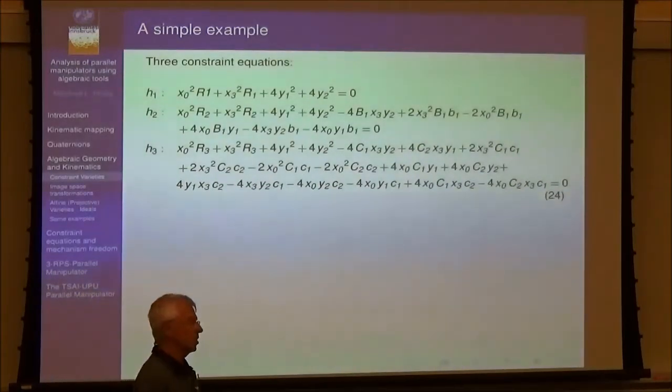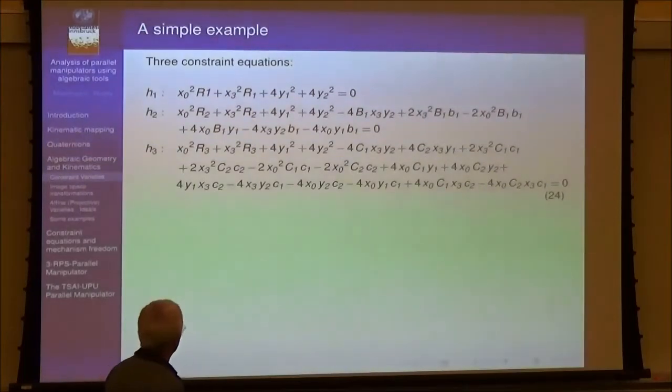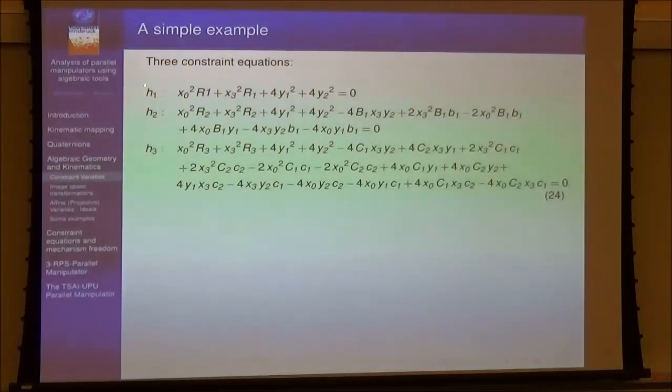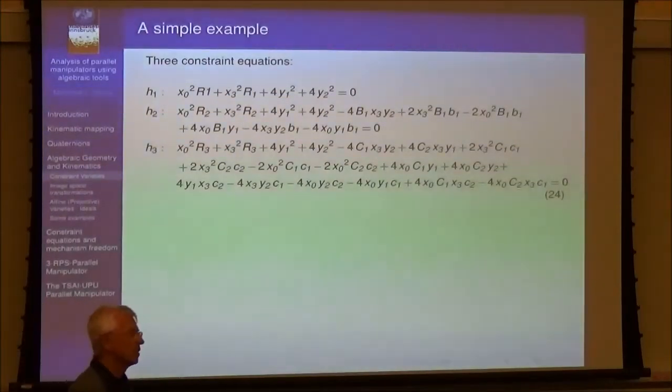This will not change the solutions of your equations. So, you can replace, for example, this equation here by an equation where you subtract h1 from h2. What will happen? The squares in the y's will disappear, and the equations will be linear in the y's.